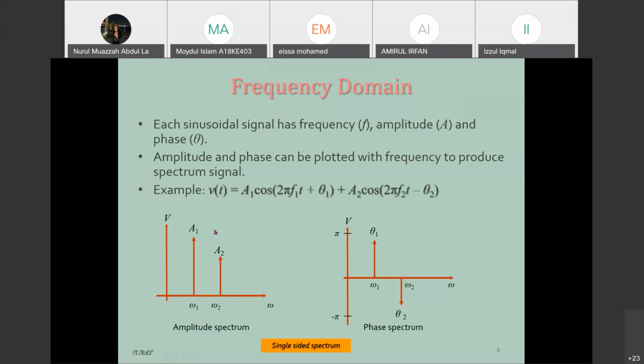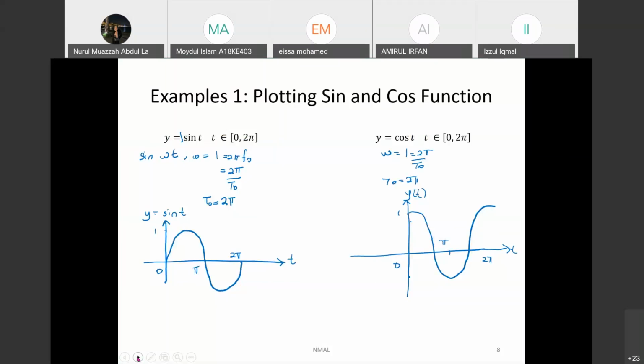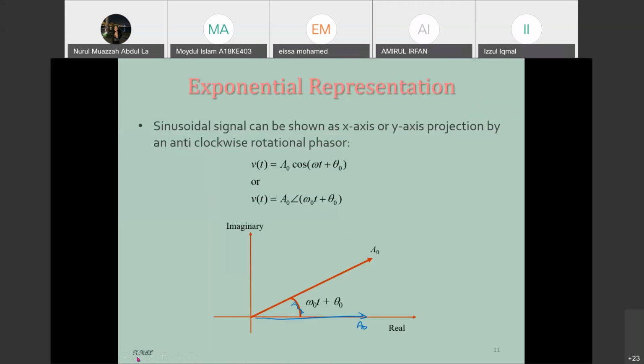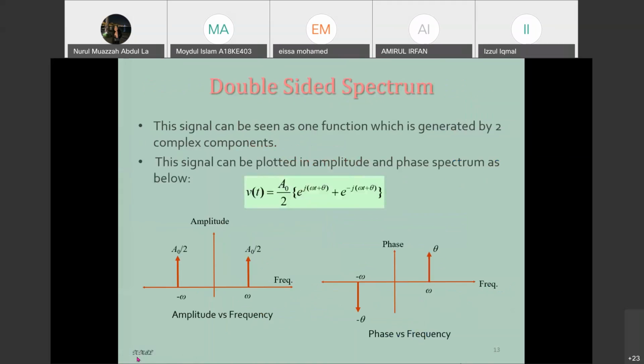For example, this is A1, this is A2, the full amplitude. But if you plot against the frequency for double-sided spectrum, the amplitude will be divided by half. It will become a0 over 2 and a0 over 2. So this is important.